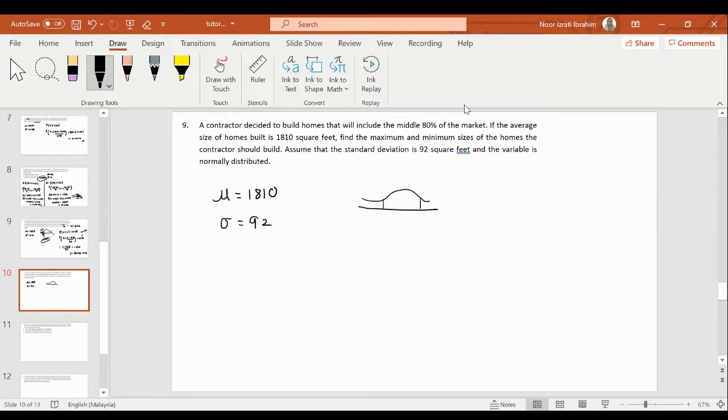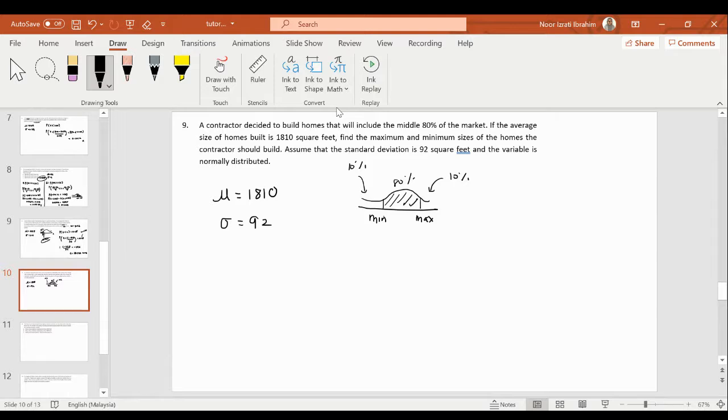If we draw the curve, the middle is 80%. We want to find the minimum and the maximum. You have to find this region. From the curve you see here, the middle area is 80%. That gives us a left tail of 10% and a right tail of 10%.